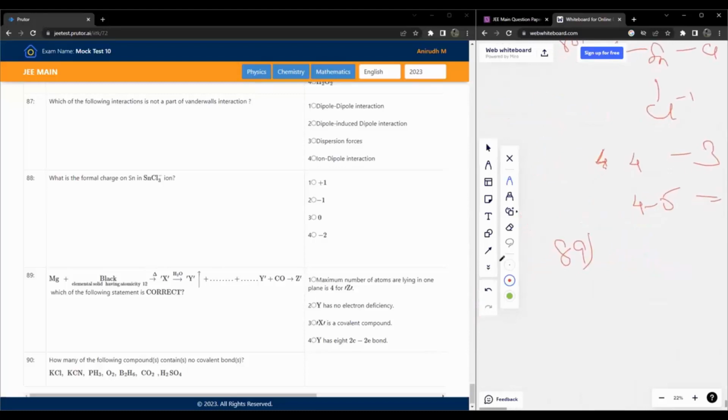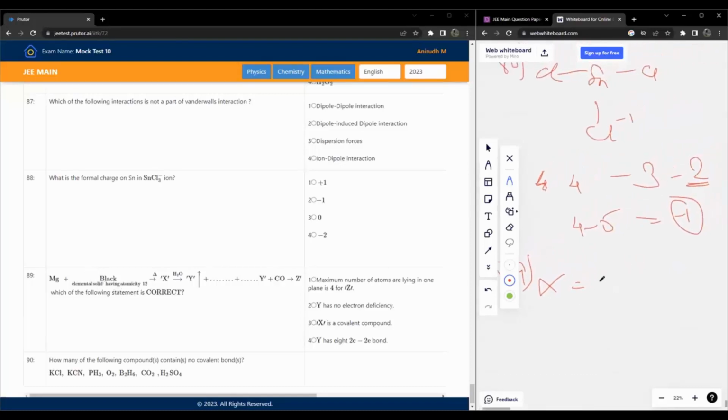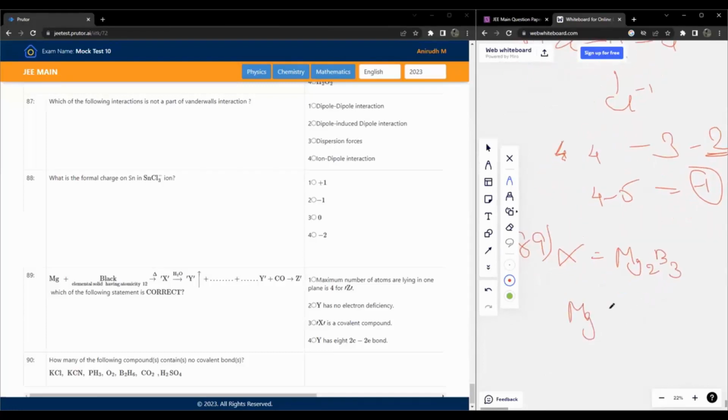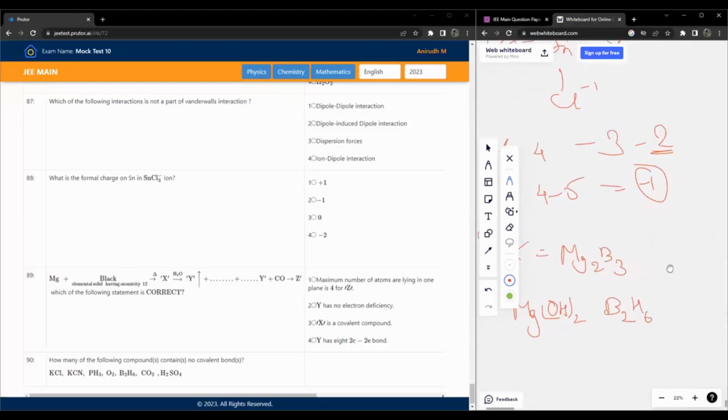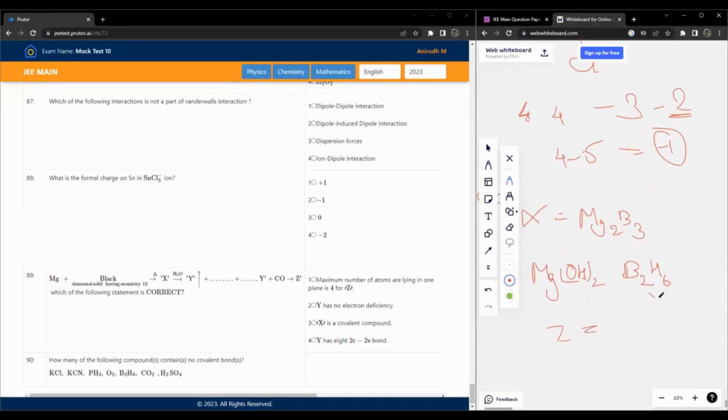Right. For 89, you have X, the black solid, being boron, right? X being Mg3B2, which on hydrolysis gives you Mg(OH)2 and B2H6, of course, diborane. And then Z is where Z is BH3CO, the compound formed on reaction with carbon monoxide, right?